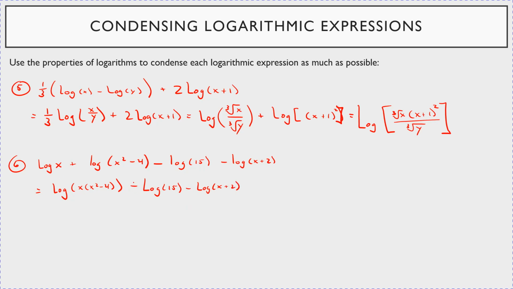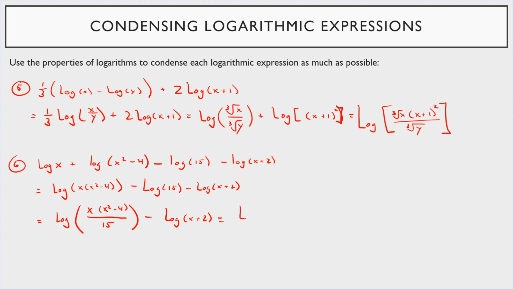Keep working left to right. So quotient rule. This is equal to log of x squared minus 4 divided by, because subtraction, divided by 15, and then minus log of x plus 2. Look, this subtraction here, when you divide by this, you would keep, change, flip, and this just gets tucked into the denominator.